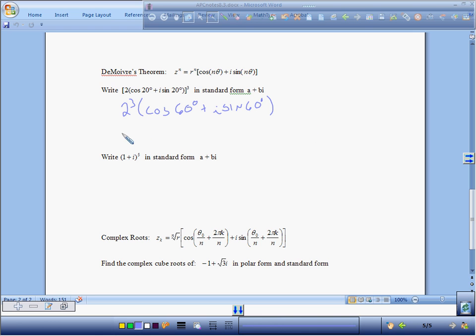And then you can multiply this out. 8 cosine of 60 happens to be 1/2. Sine of 60 happens to be root of 3 over 2. So if I wanted to simplify that further, that's equal to 4 plus 4 root 3 over 2. I like to put the I after in that case.